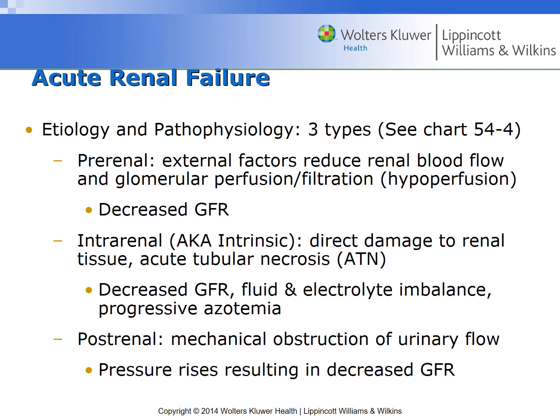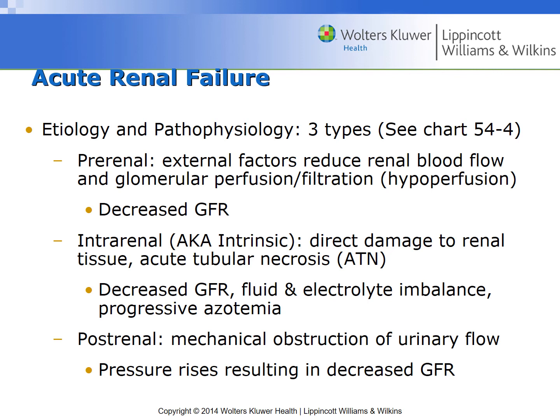Now, the third type is the postrenal type, and if you think about it, post means after, so after the kidneys. There can be a mechanical obstruction of urinary flow, such as kidney stones, tumors, any kind of strictures or stenosis of the vessels.